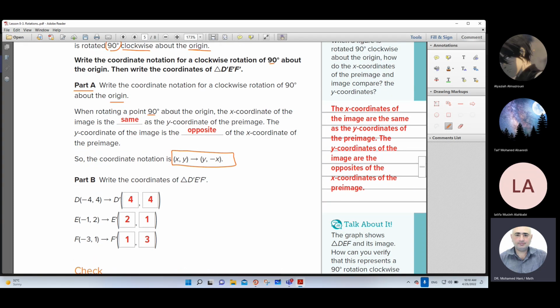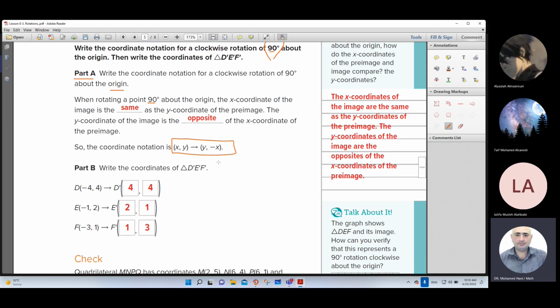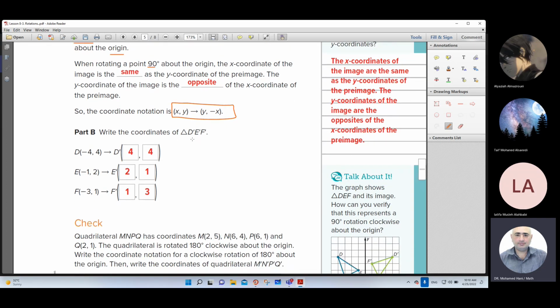Because here we have 90 degrees, when you have 90 degrees, we have this rule. The rotation of xy, keep the same y, but put it in the x place, and take the negative x and put it in the y place. So y, negative x.